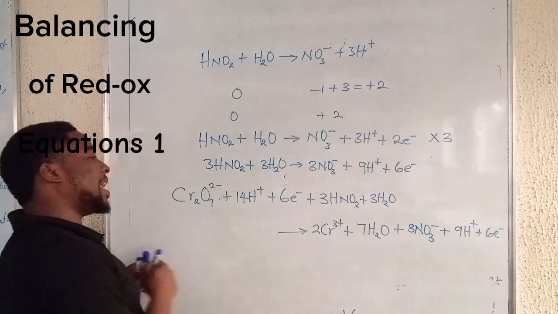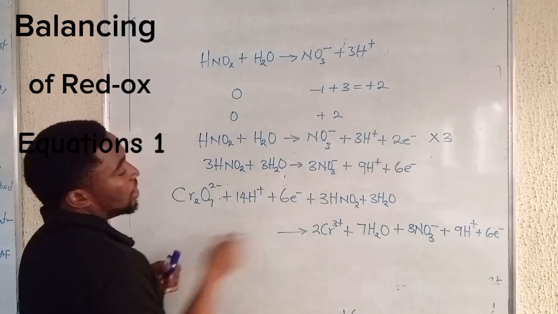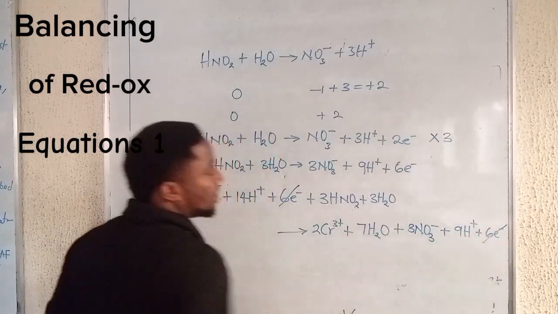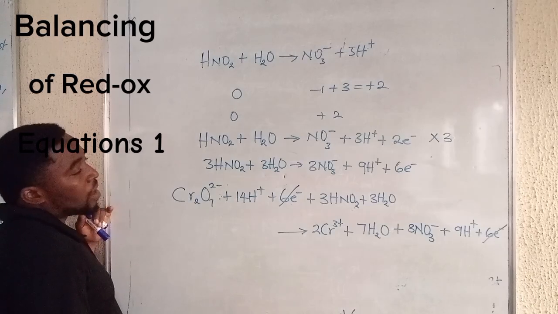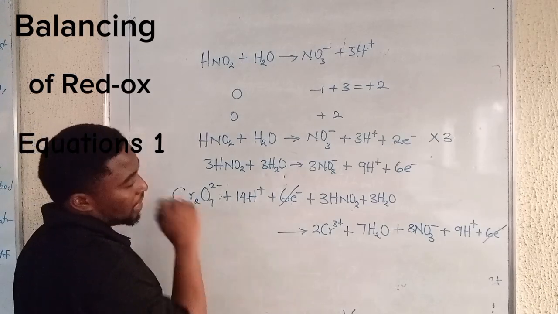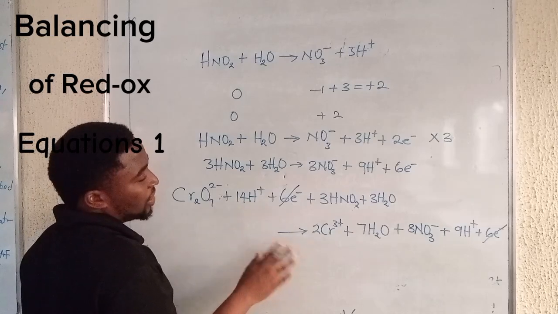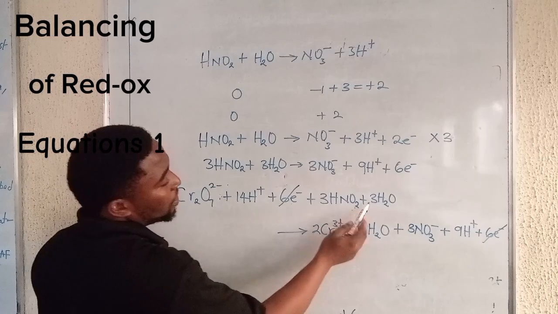So at this point, I will begin to cancel equal terms. Okay, so this 6e minus is cancelling 6e minus, cancelling the electrons used in the redox equation. Okay, so the next one is for me to check if there is any similar species that I need to cancel out as well. So here we have water.